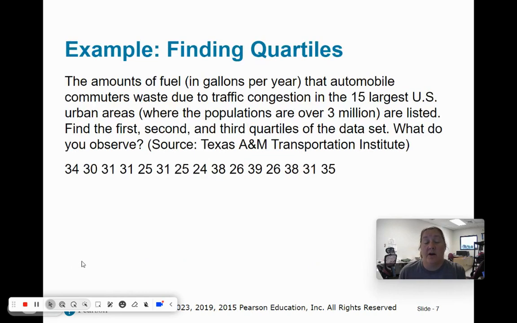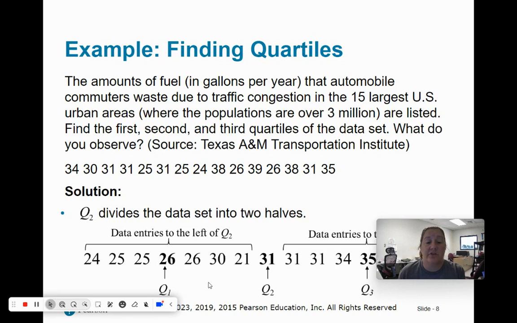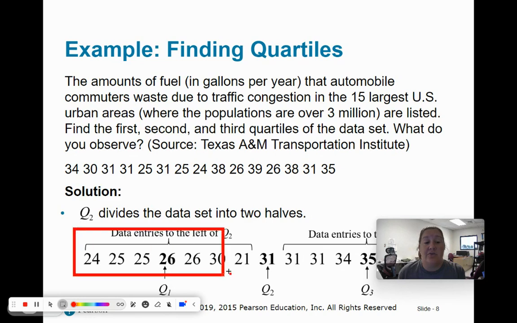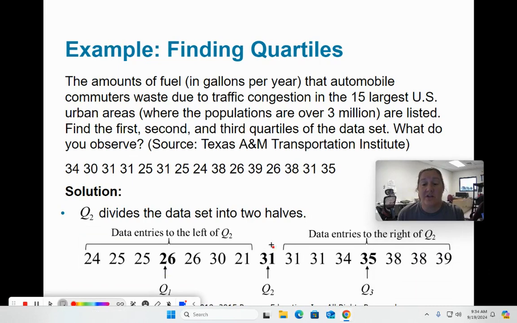When you have a word problem involving finding the first, second, and third quartiles, we have to put all that data in order from least to greatest. The overall median becomes your Q2. You're then going to not include it when you split the data into two groups.